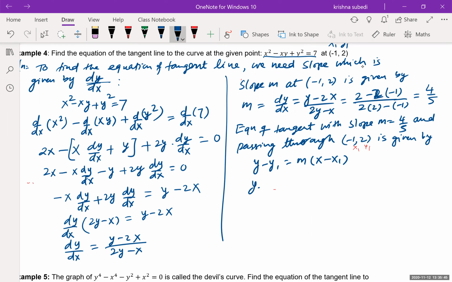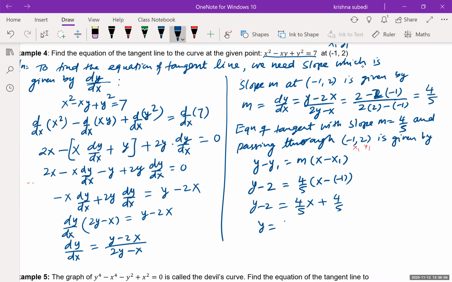So y minus y1 is y minus 2 equals 4 over 5 times x minus x1, which is negative 1. So that's going to give me y minus 2 equals 4 over 5x plus 4 over 5.